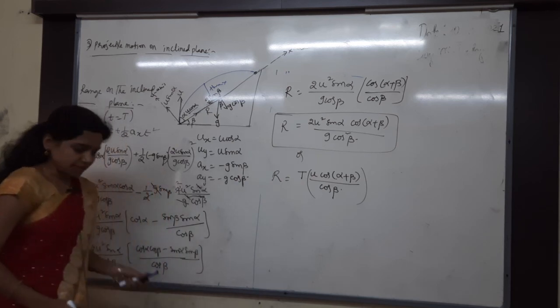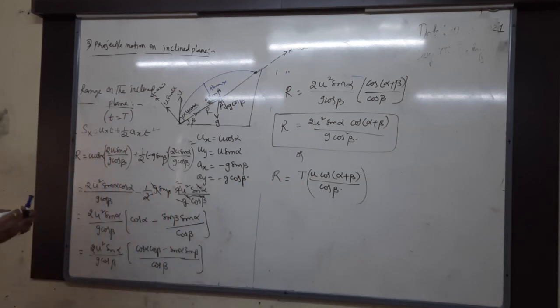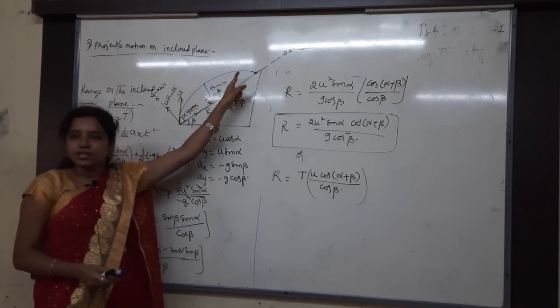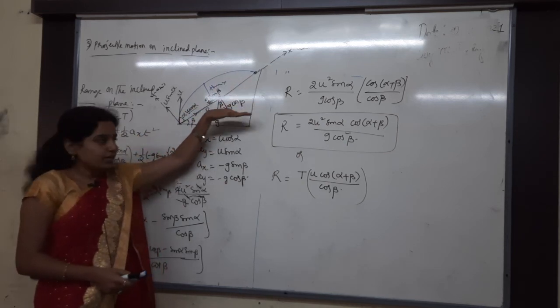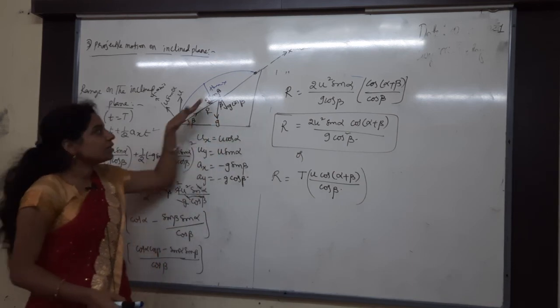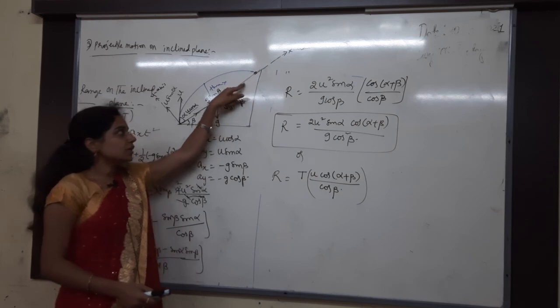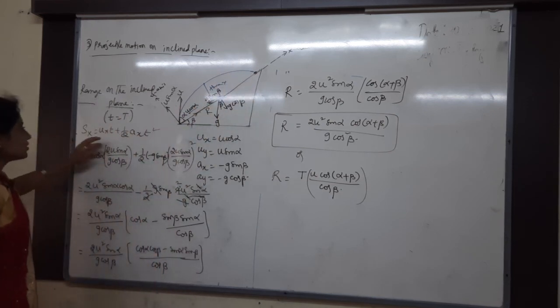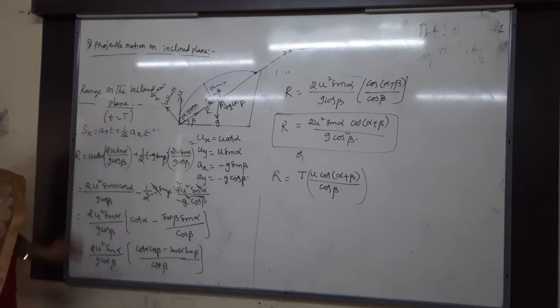Clear? So I will explain again, listen properly. Now here I am finding the range. Range on which one? Range on the projectile, range on the inclined plane. If it were range on the horizontal, that would be different. They will never ask that one. Range on the inclined plane only they are asking. So the inclined plane is along which axis? X axis. So Sx is equal to uxt plus half axt square.